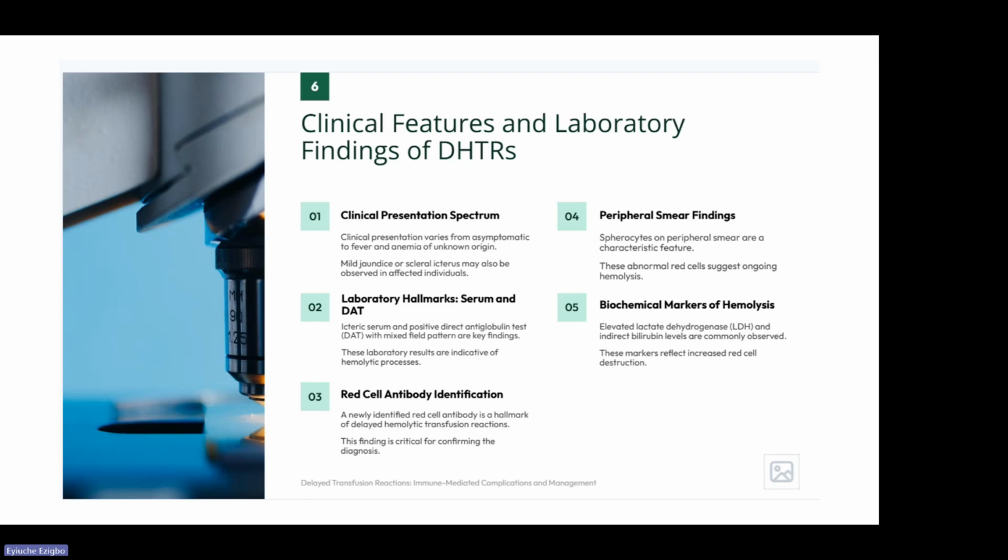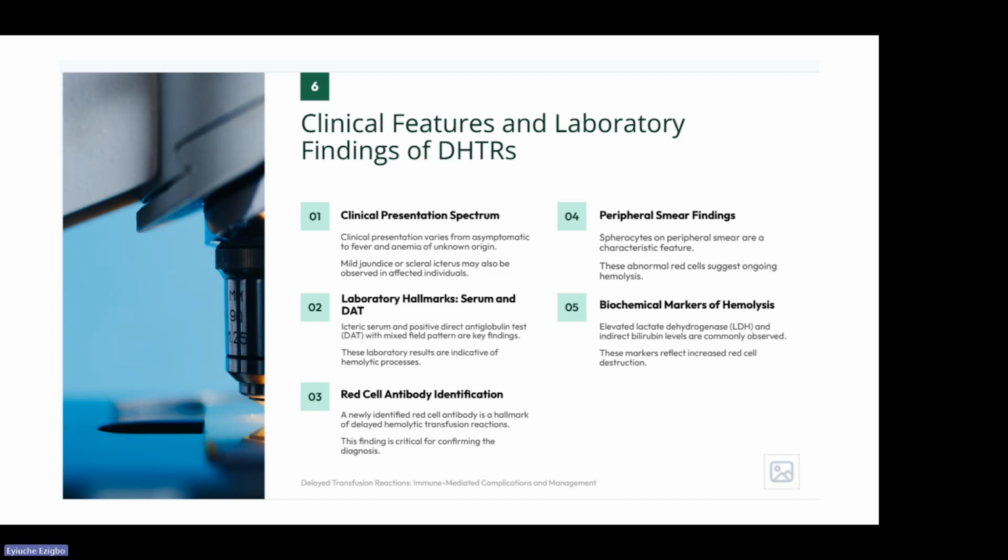We also have red cell antibody identification. A newly identified red blood cell antibody is also a hallmark of delayed hemolytic transfusion reaction, and this finding is very critical for confirming the diagnosis. Because in this type of transfusion complication, we are querying the development of a new antibody.